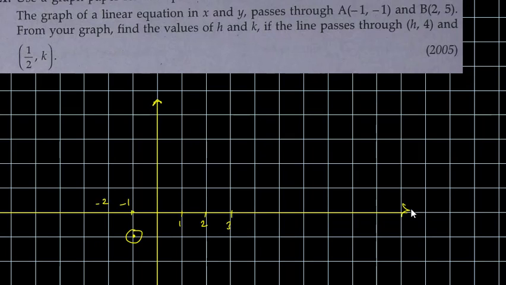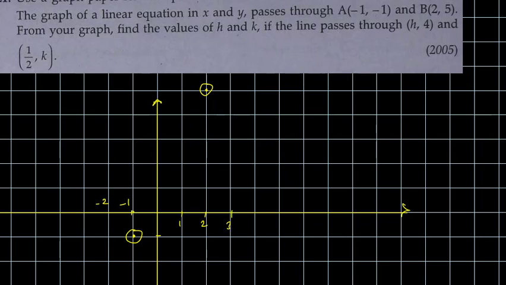Similarly downside we will mark the point and upside we will mark the point. Now -1 comma -1 is one point, and 2 comma 5. So along x-axis 2 and along y-axis 1, 2, 3, 4, 5. So 2 comma 5 is a point which is somewhere here. So this graph will move up.